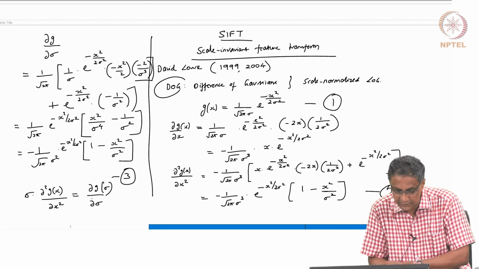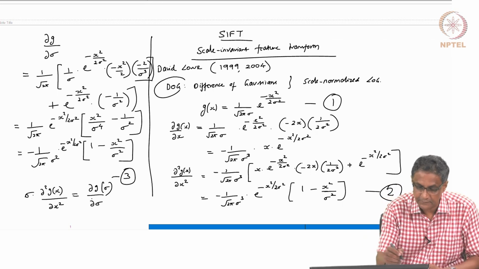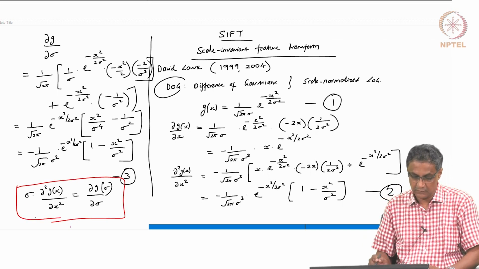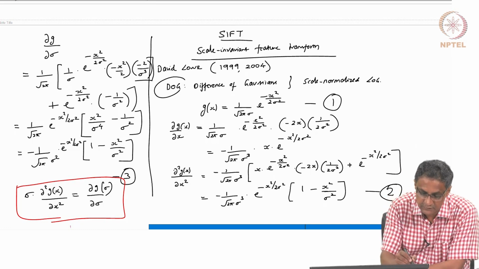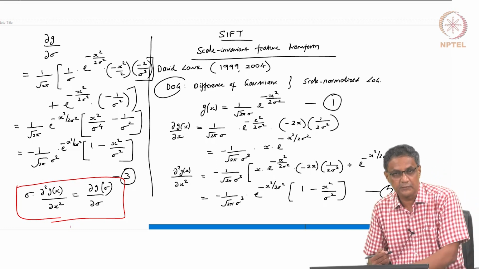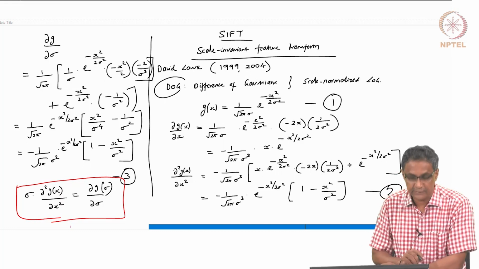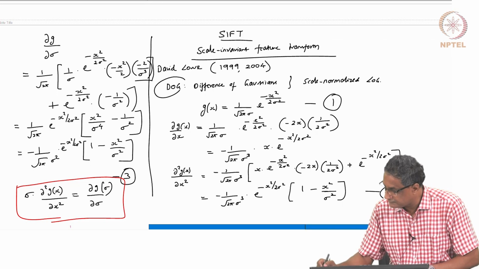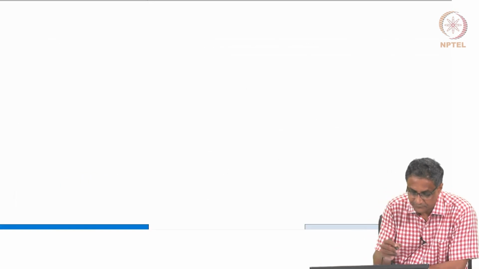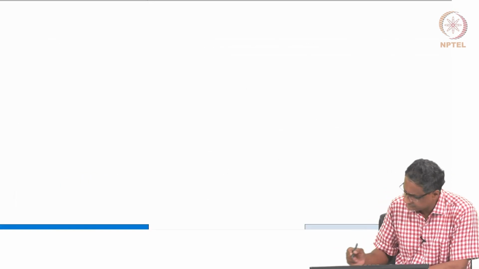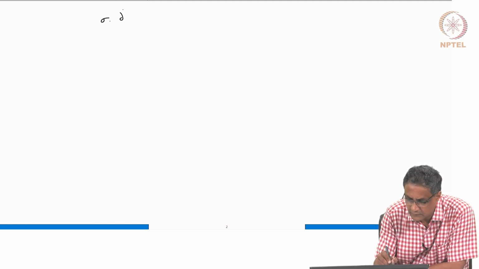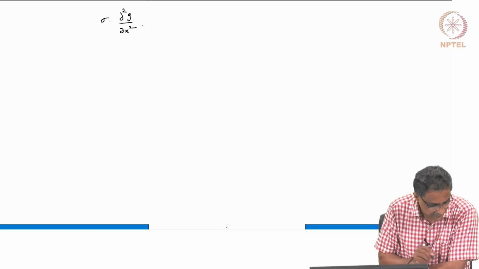But anyway, it turns out that this is also useful for us. Now here is where a certain amount of approximation goes, until now it's okay. So what you have is dou g by dou sigma equal to sigma dou square g by dou x square.